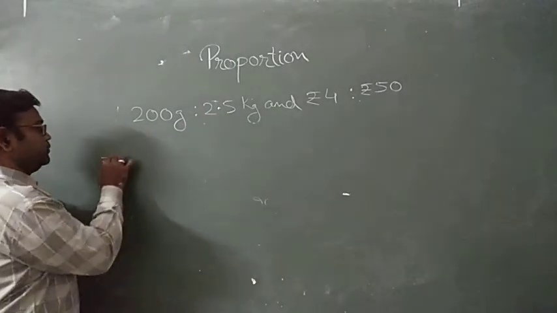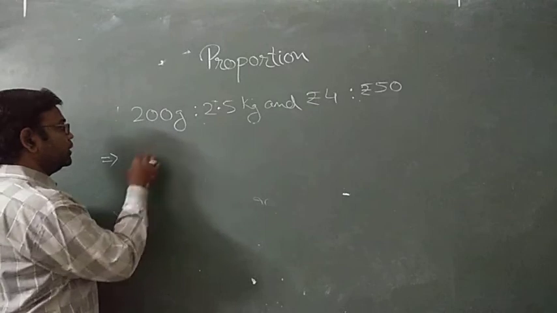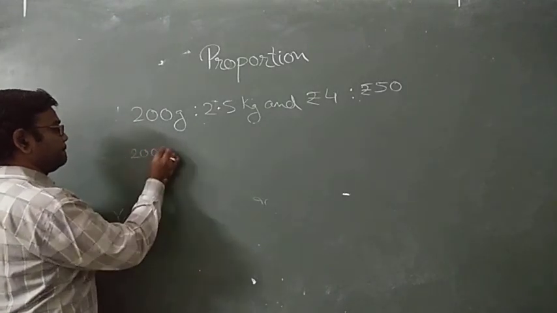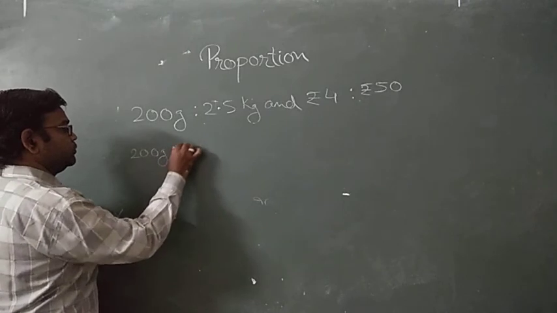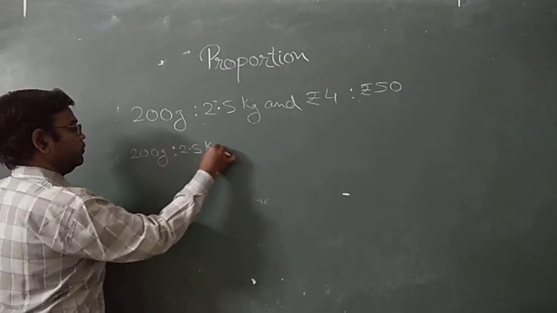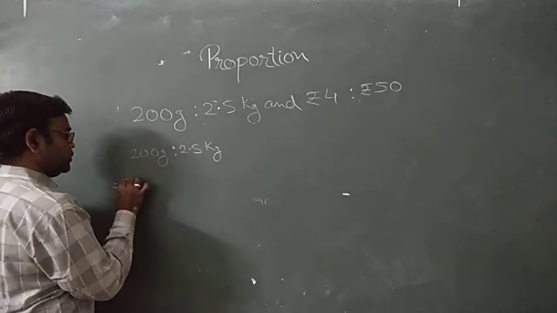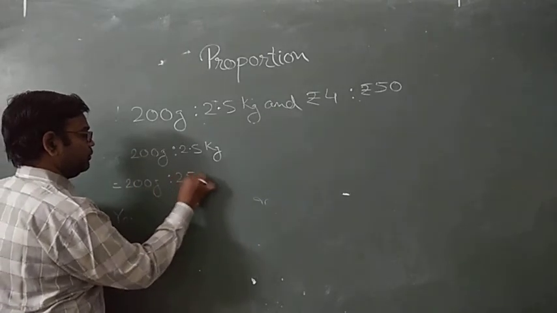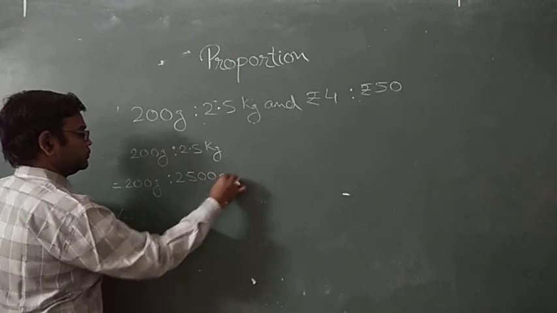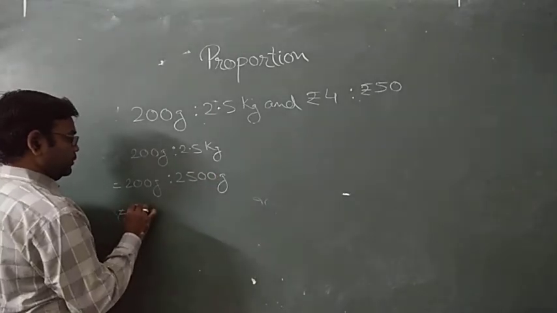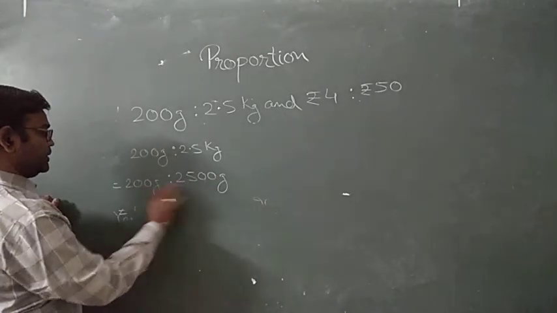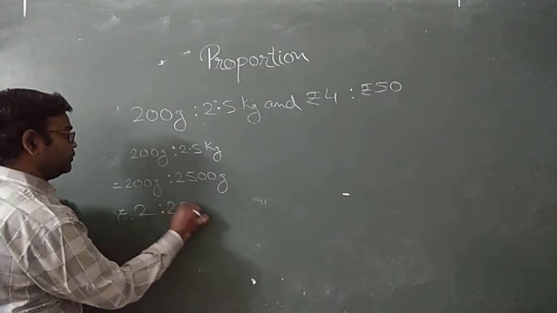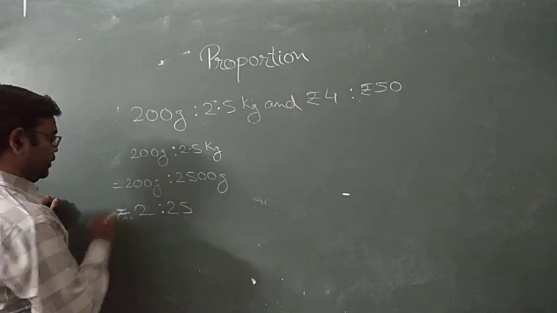So we can write down 200 gram ratio 2.5 kilogram, which equals 200 gram ratio 2500 gram. Clear? Whenever we remove the g's they cancel each other, the double zero cancels each other, we have 2 ratio 25. Clear? This is the final one.